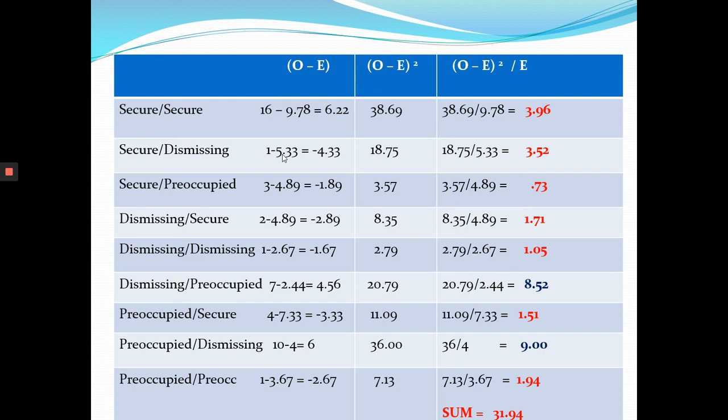Let me look down here. And it's the same here too. When we look at partner 1 being dismissing and partner 2 being secure, there are fewer than we expect. So you could also talk about that, that there are fewer secure dismissing partnerships. And you can imagine why that might be. A secure person probably won't put up with the crap of a dismissing person. I should say the crap of it, but you know what I mean.